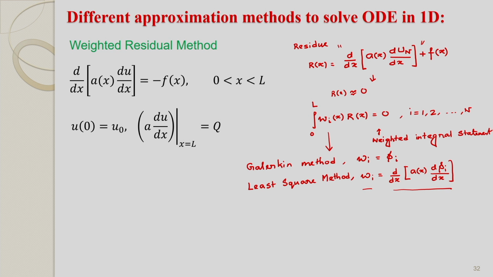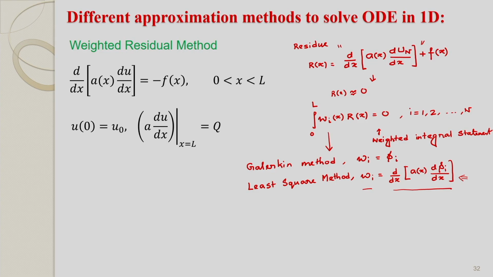Please note that this choice I am writing corresponds to this given differential equation. For some other problem, it can be different. Just take the notion that we have to take that part of residue which consists of the dependent variable and we have to replace u by phi I.